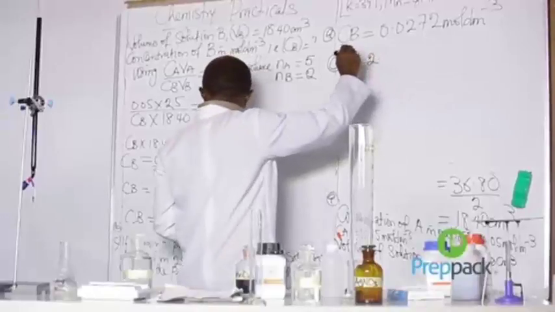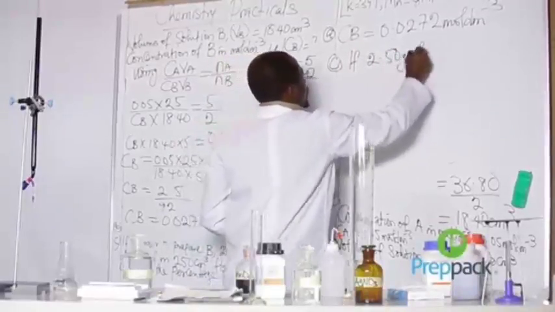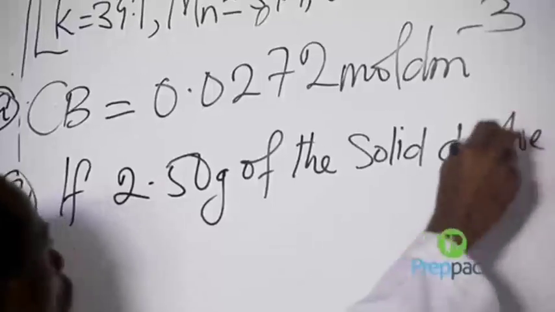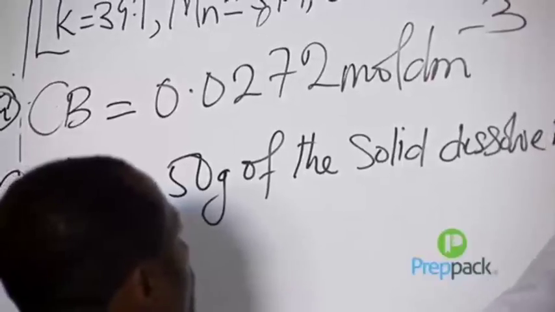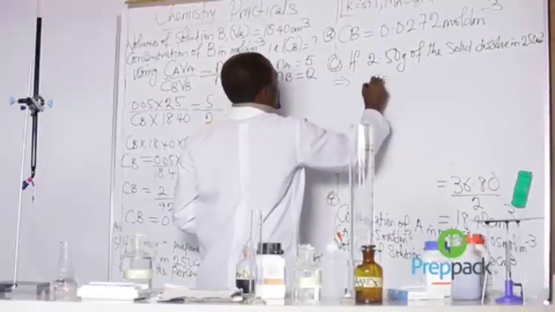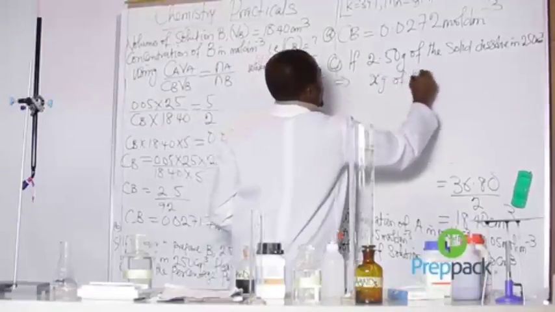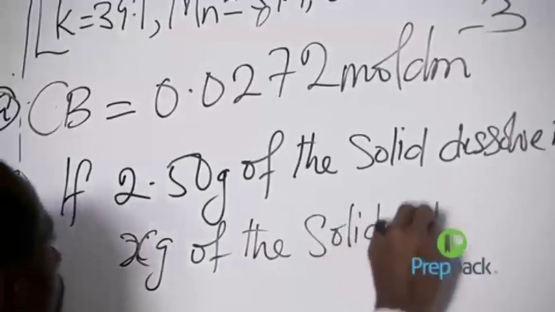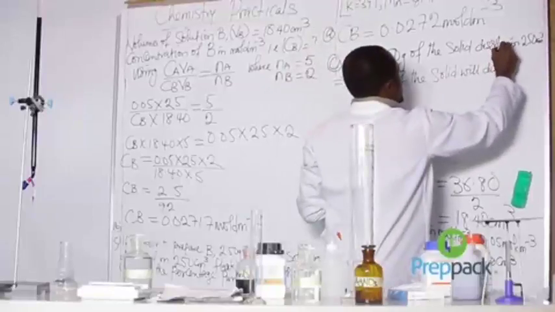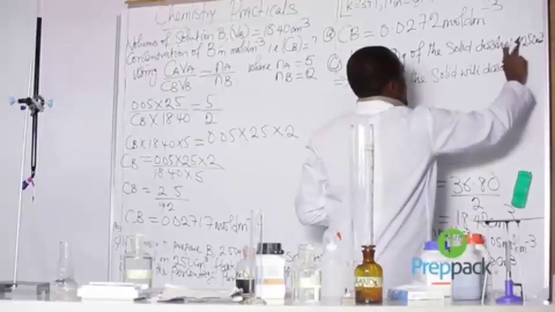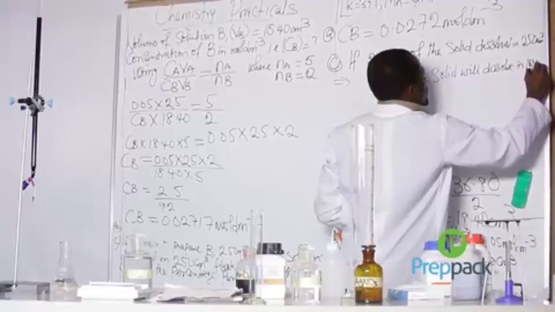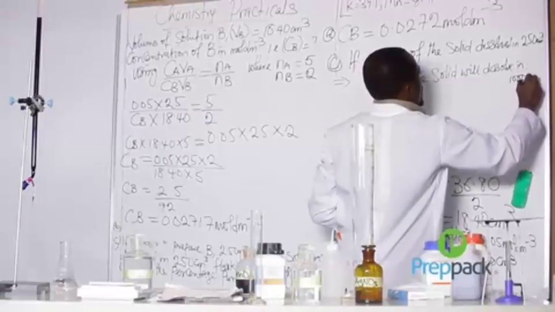If 2.50 gram of the solid is dissolved in 250 cm cube, it implies that X gram of the solid will dissolve in 1000 cm cube.